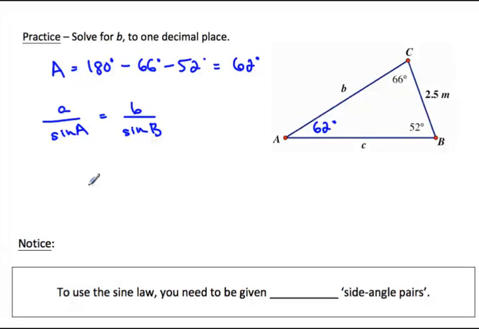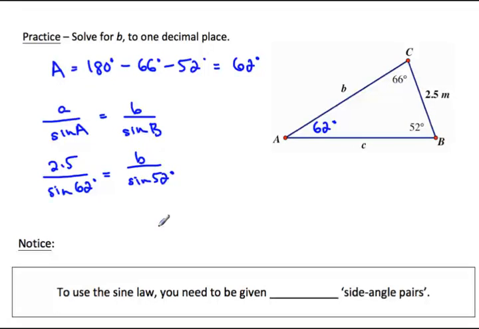Now I can plug in all the information that I have. Side length a is 2.5. I've worked out angle A, so angle A is 62 degrees. Sine 62 goes in the denominator. Careful, it's not just 62 degrees that goes in the denominator, but sine of 62. b is my unknown, and sine of B is sine of 52 degrees.